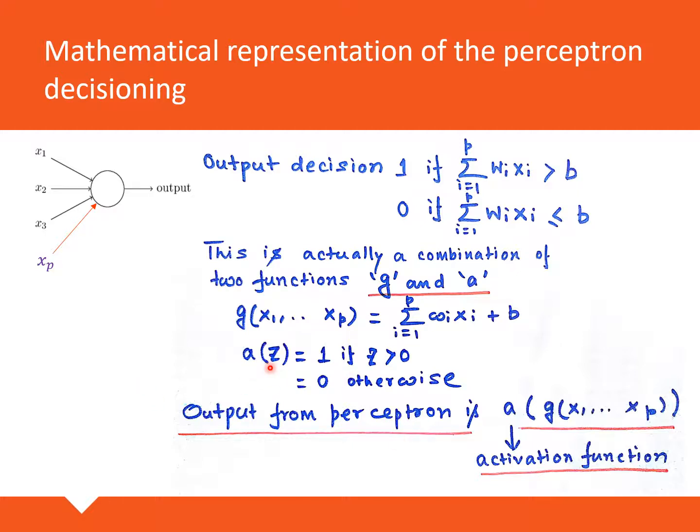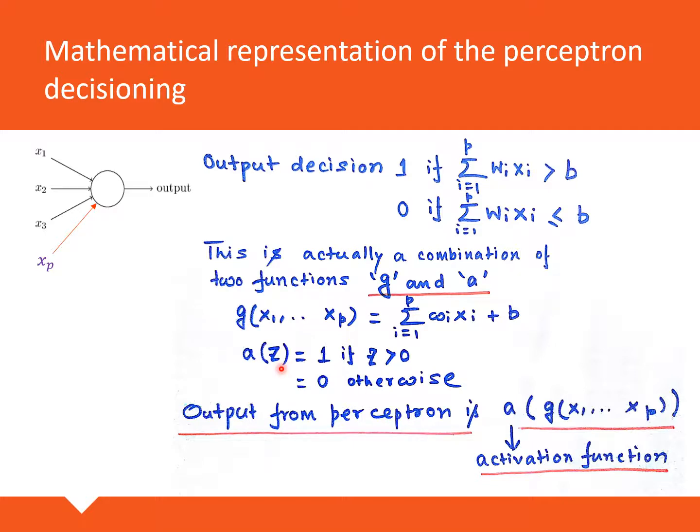In this case, the activation function has this kind of a form, right? So it gives a value 1 if the argument of the function is positive, and gives the value 0 otherwise. Now there can be different other forms of activation functions as well. So this is just one particular choice of activation function.